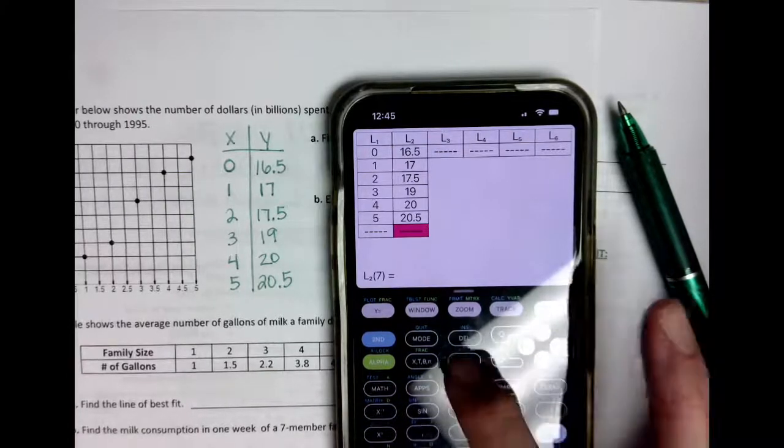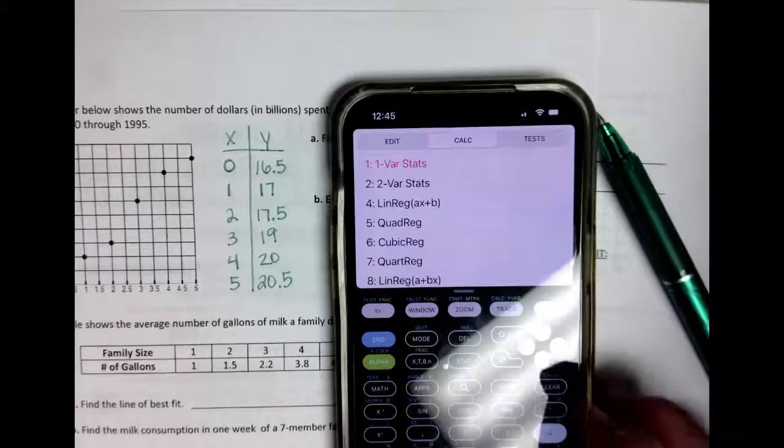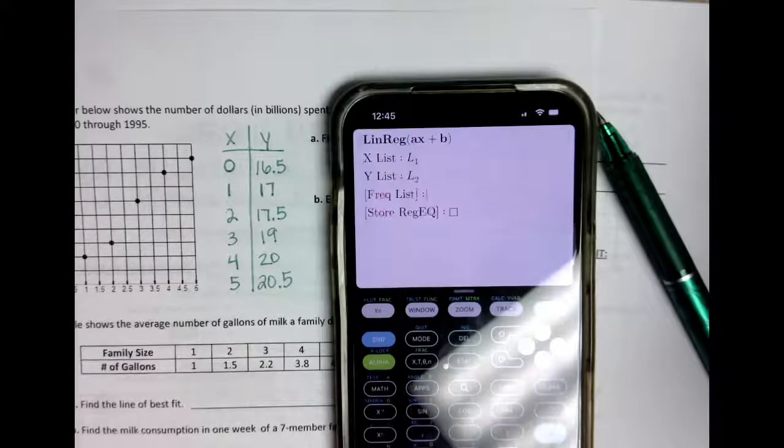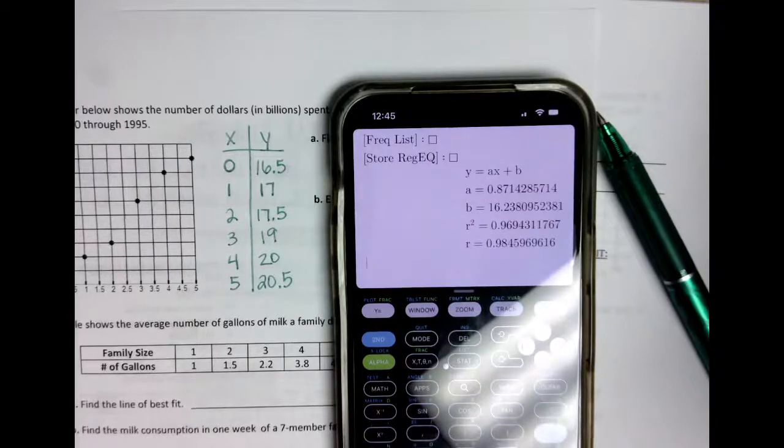So I'm going to hit stat, go over to calc. Line reg is number 4. I hit enter on that. I hit enter and it gives me this. Now this gives me a little more information than the previous information, right? However, we're doing this, so you might want to do this on your phone or on the calculator.